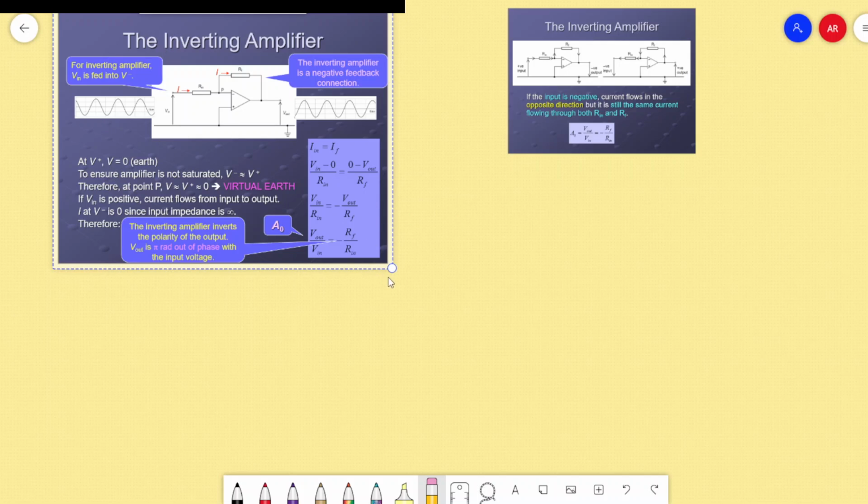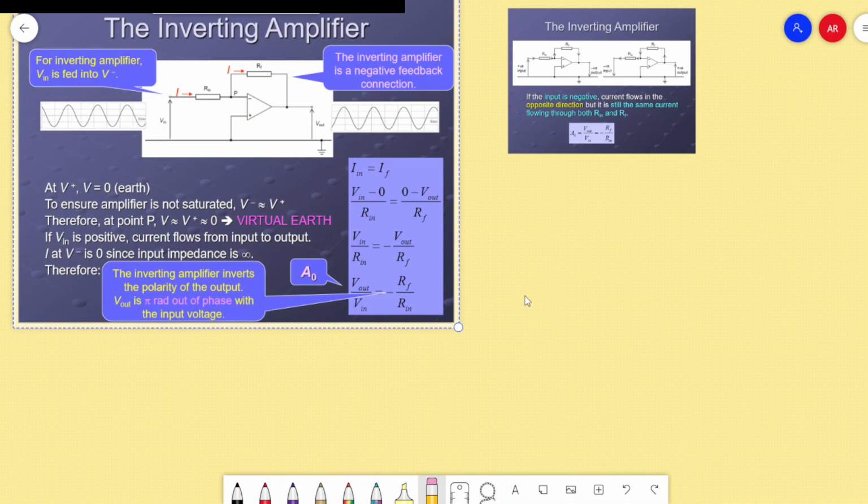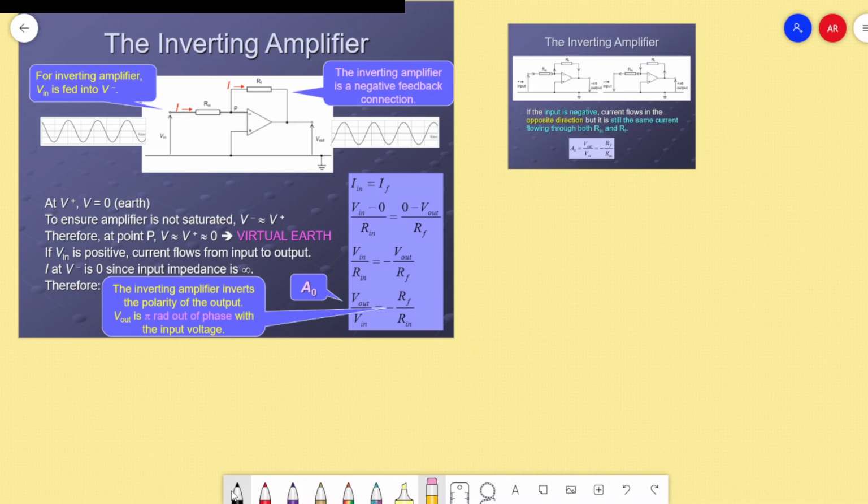If you look at this diagram a little more clearly, you see the output right here is connected with the input terminal via a resistance, and we denote it RF, the feedback resistance. And this is what we call R_in or RI, the input resistance.